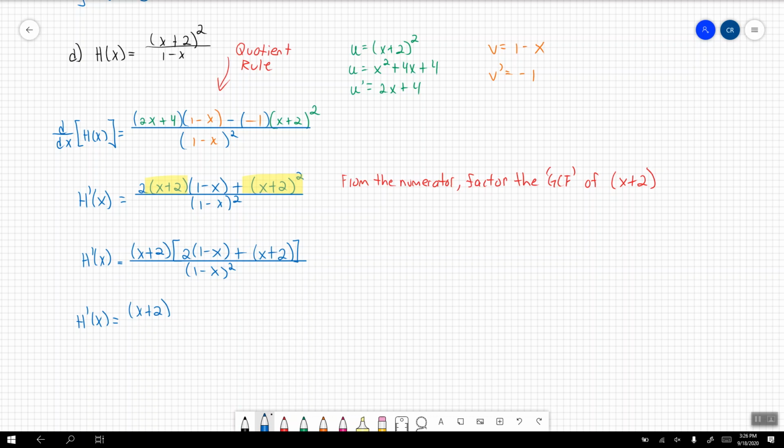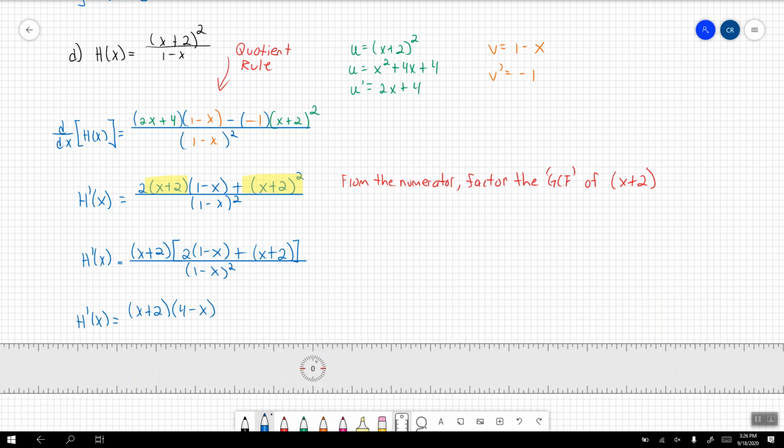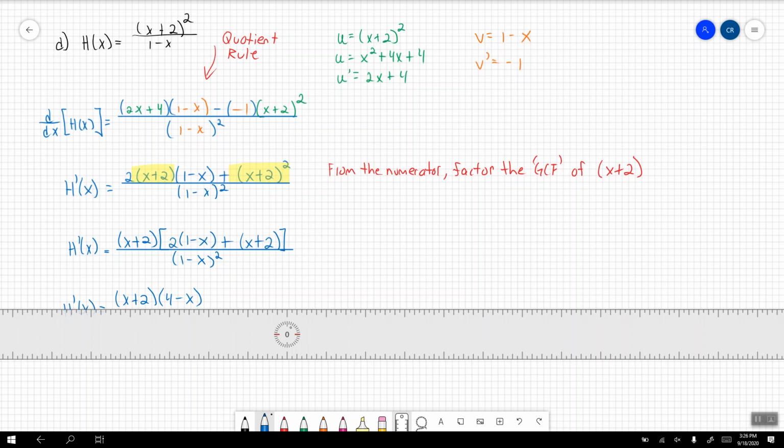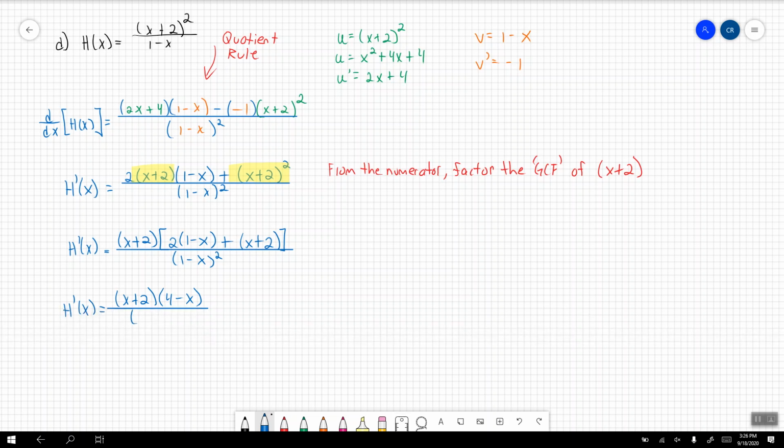So in other words, we get 4 minus x, all divided by the quantity of 1 minus x squared.